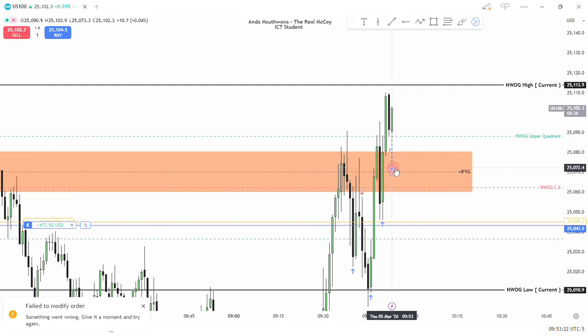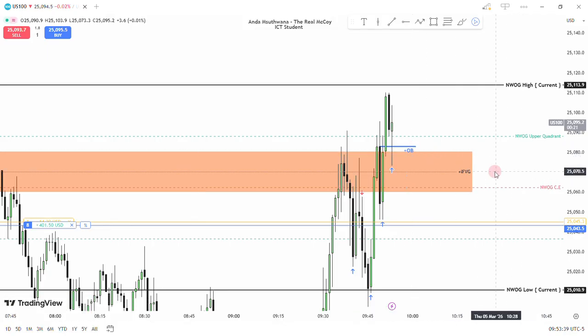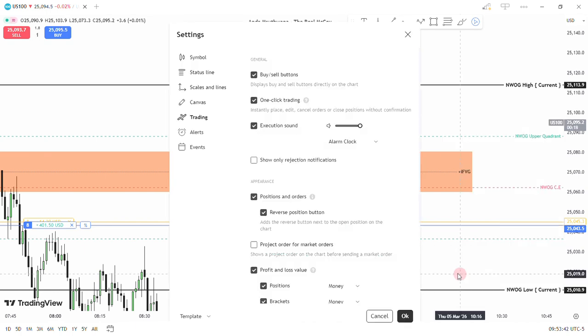So now I've currently added one contract right off the volume imbalance. It's a really tiny volume imbalance. It's located exactly at the high, right there. That's my execution. So I currently got my longs in. That was that order block I was talking about.